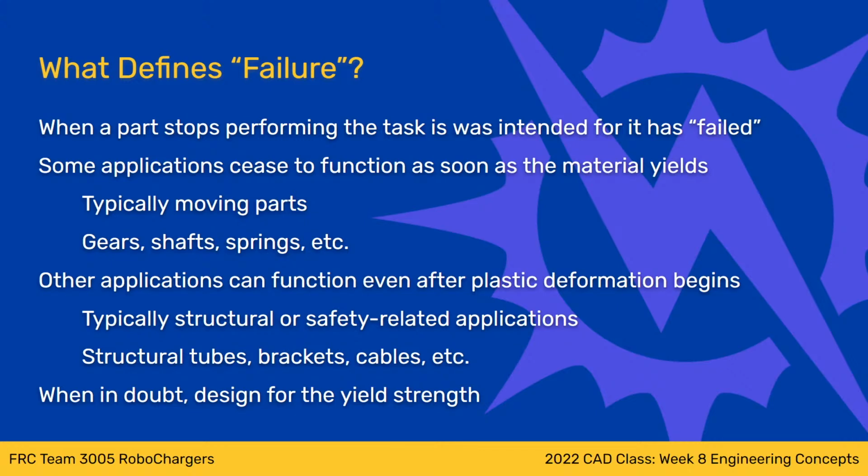The robot would not have been structurally sound anymore, and that would have been a lot of work to replace that tube. That being said, at the competition, if the tube bent a little bit, that really didn't affect our ability to play more matches.